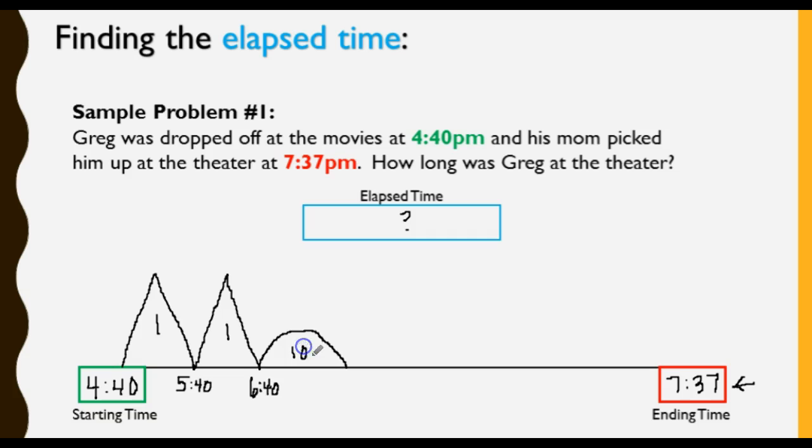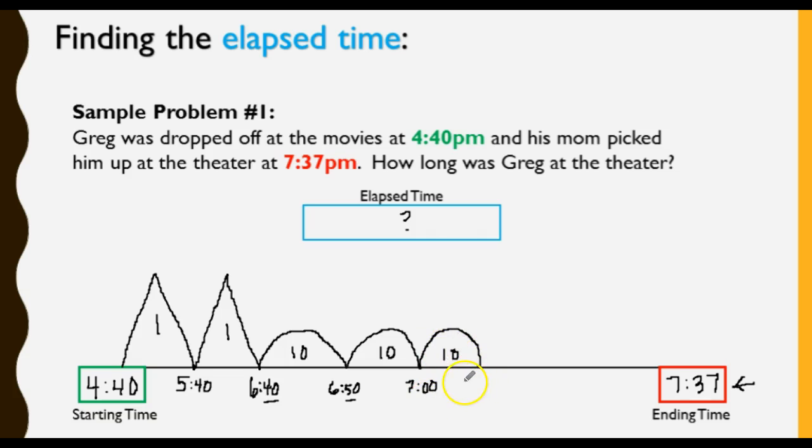So 10. So now I'm just going to add 10 minutes. So it was 6:40, now I'm going to write 6:50. Add 10 more, it was 6:50, now I'm going to write 7 o'clock. Add another 10 minutes.